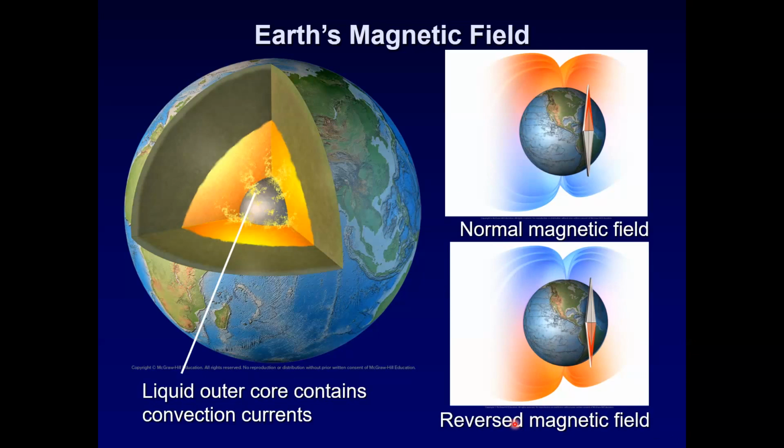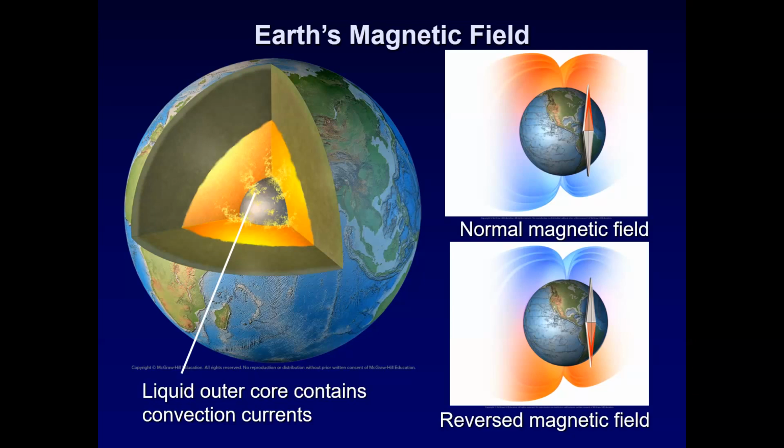The Earth's inner core transfers heat or less dense material to the liquid outer core. And then we have those convection currents in the outer core. Movement of the molten iron in that area is affected by the Earth's rotation, and it produces electrical currents and a magnetic field. It currently flows from south to north.